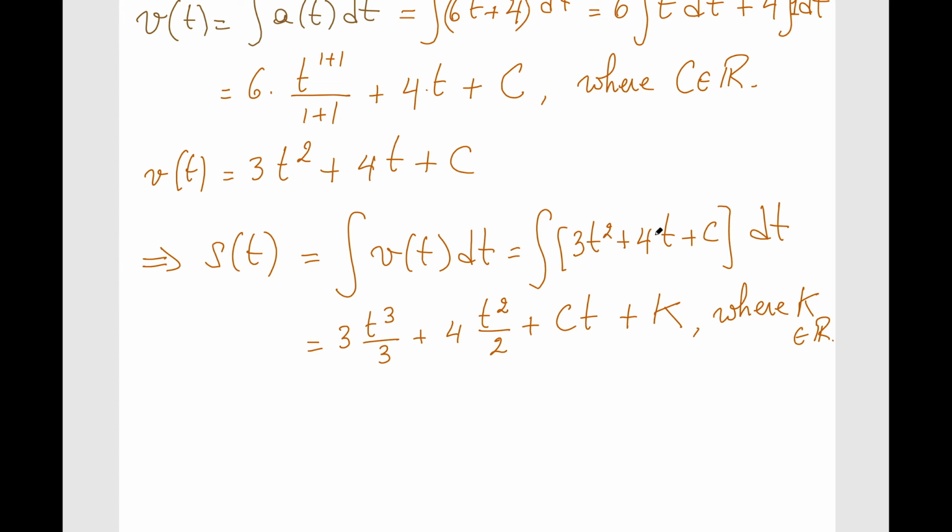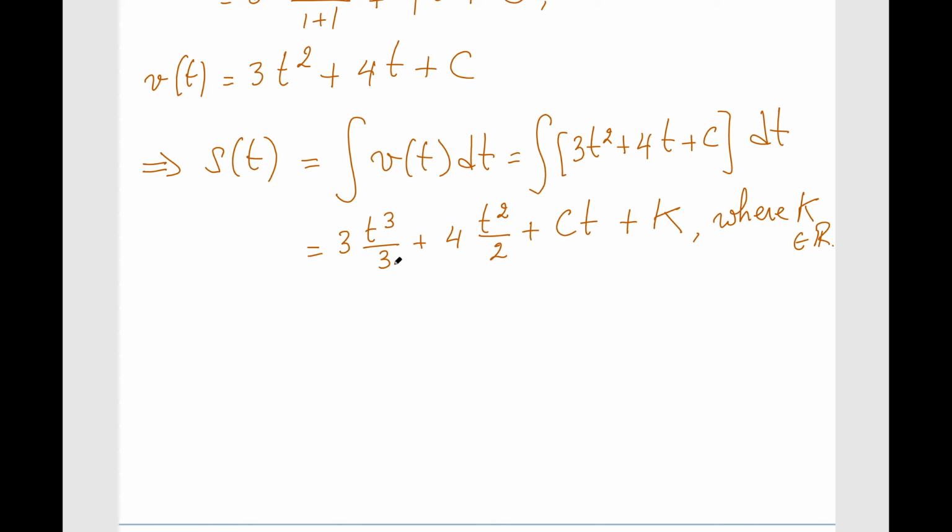Plus same thing here, you push the 4 outside, t to power 1 plus 1 over 1 plus 1, plus ct plus a constant, right? Okay, and what's 3 over 3 here? So 1. 4 over 2 is 2. t squared plus ct plus k. Again, c and k are arbitrary constants.